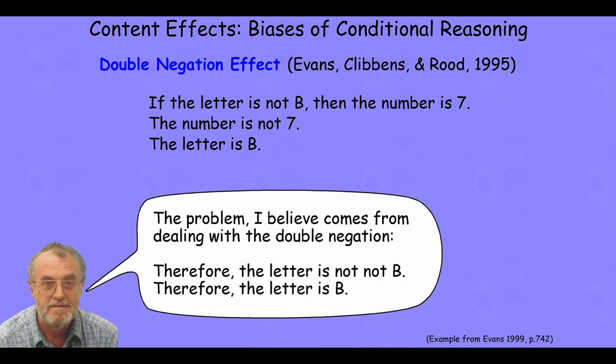So a double negative is always an affirmative. When it's not the case that it's not the case that B, it's going to be the case that B. That little bit of complexity was all that was needed to undermine student performance by a full 30%.